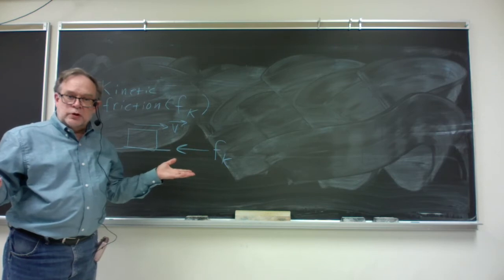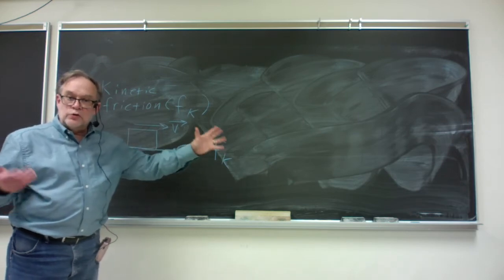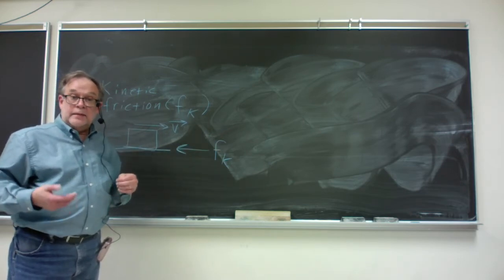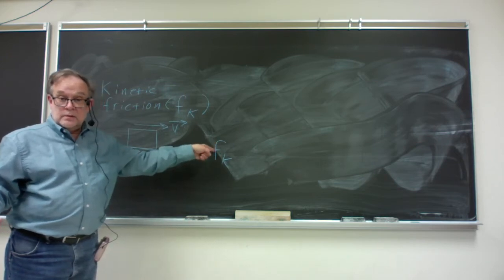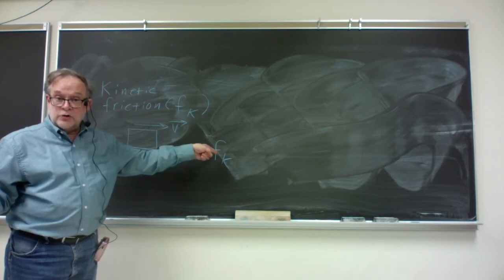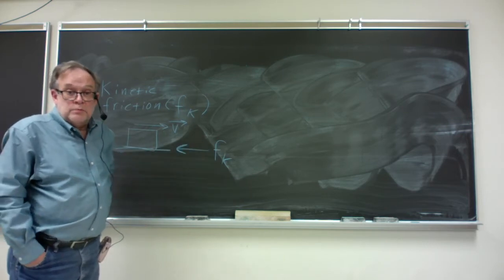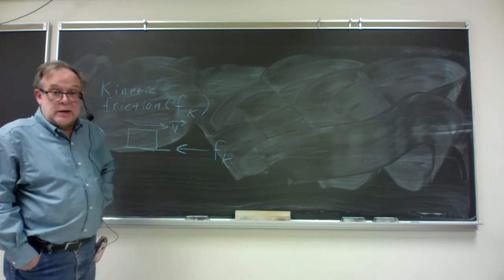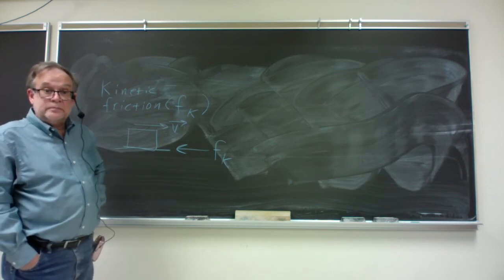You have to push a little harder and expend a little more energy to break those bonds, so it's a little more difficult to get the crate moving or to keep the crate moving. And that difficulty is because of this kinetic friction force, which exists because of those bonds that have to be broken, those bonds between the molecules on the bottom of the box and the top of the floor.